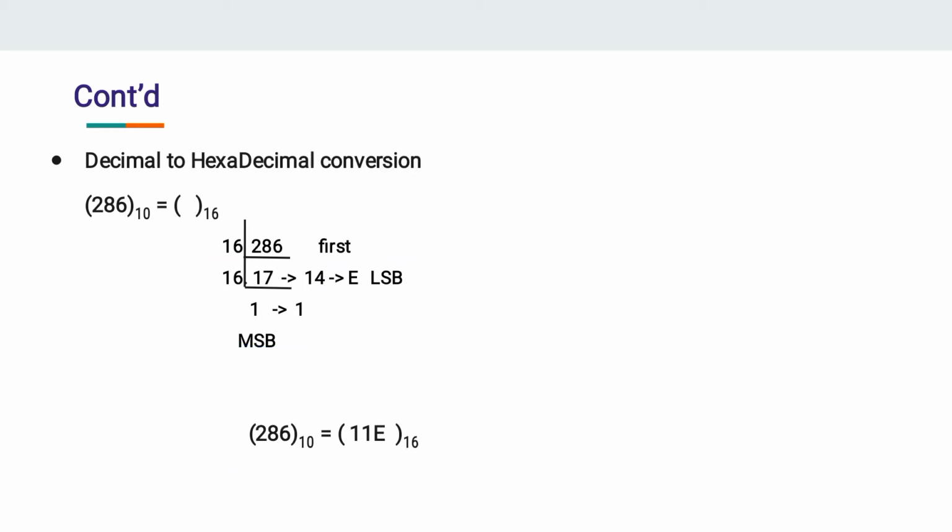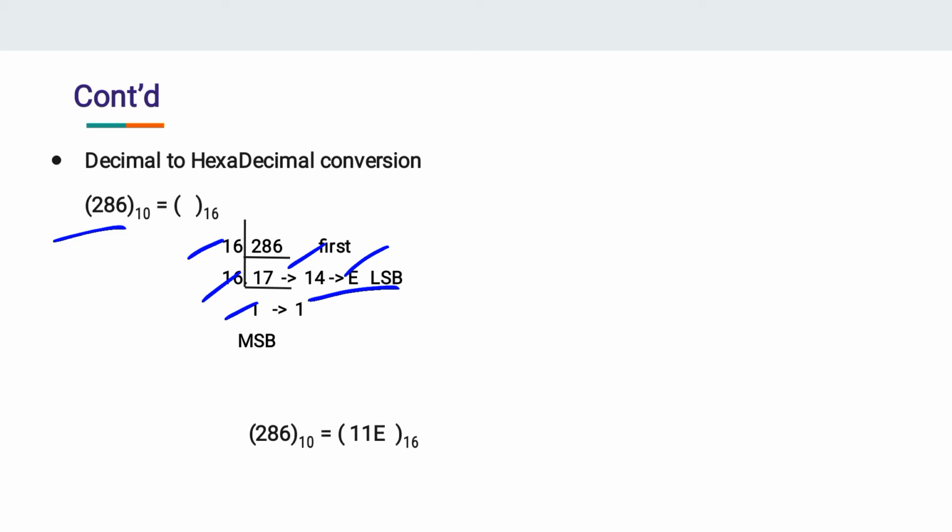So next is the decimal to hexadecimal conversion. You have to take the decimal number 286 and divide it by 16 because the result is hexadecimal. So you divide the number by 16, then you will get 17, remainder 14. 14 is written as E. Then 17 is divided by 16 again, which gives you 1 with remainder 1.